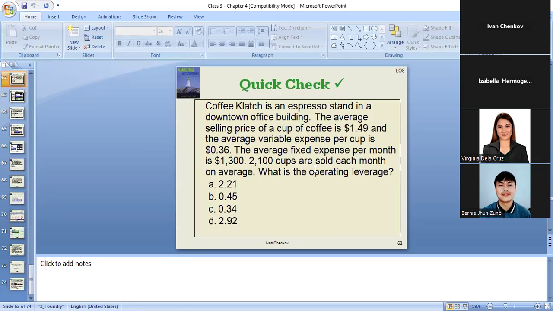So obviously that works. Let's see what the operating leverage is in our case, when we're selling 2,100 cups each month. We have to run some calculation here in order to get the number. Let me share the right screen here so we can see it.